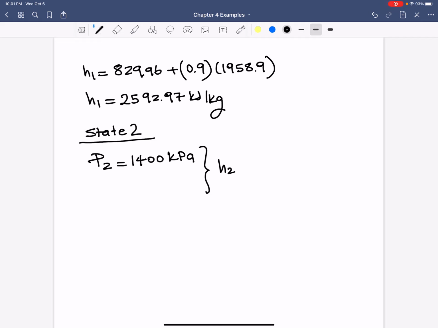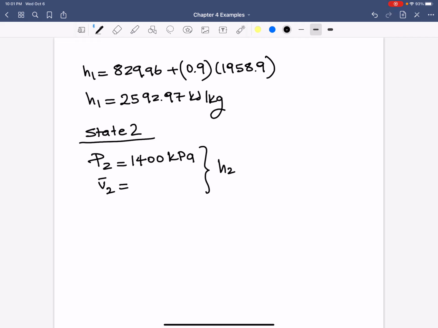So here you need to think carefully. Does the problem actually give me any other specific property for the second state? If you look at it carefully, you will see that you can actually figure out what is the specific volume at the second state.